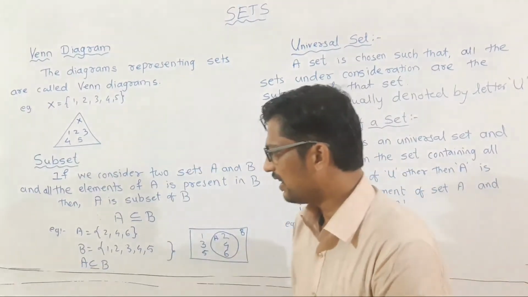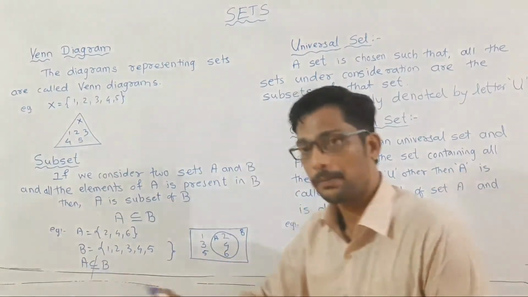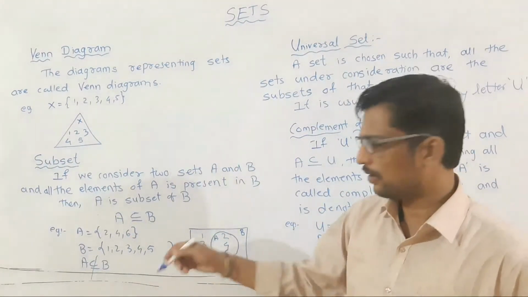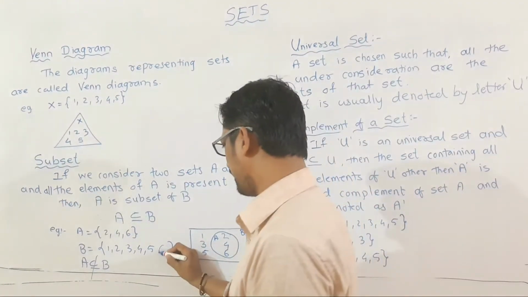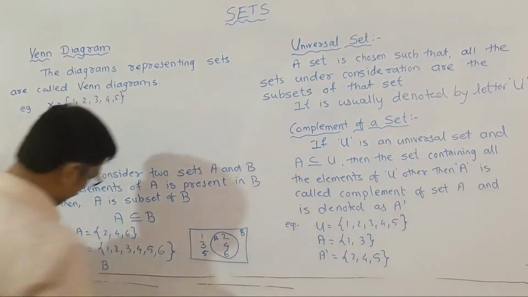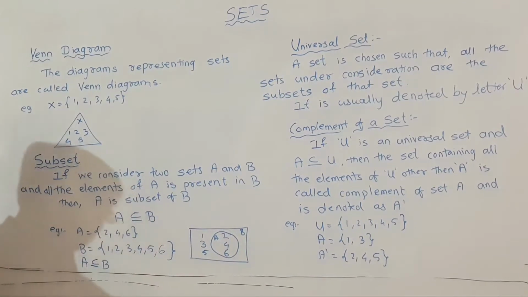So A is not a subset of B, because this element is not there. For our consideration, we have considered 6 over here, so A is a subset of B.